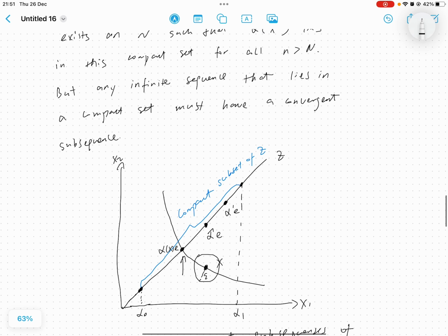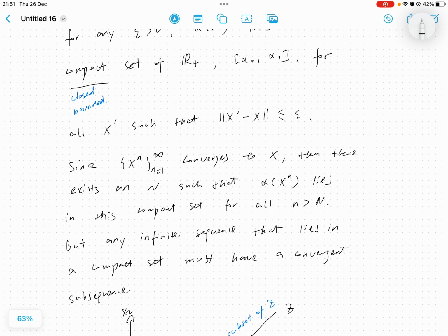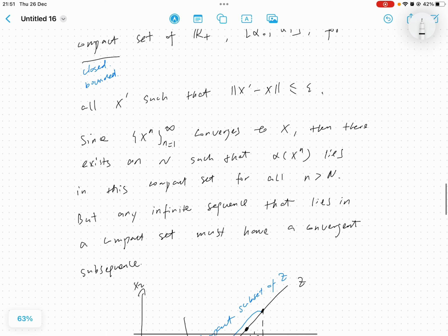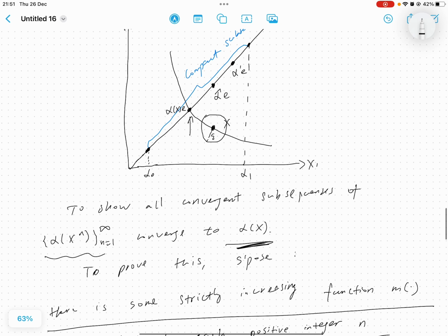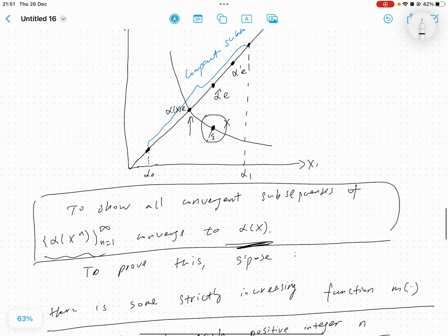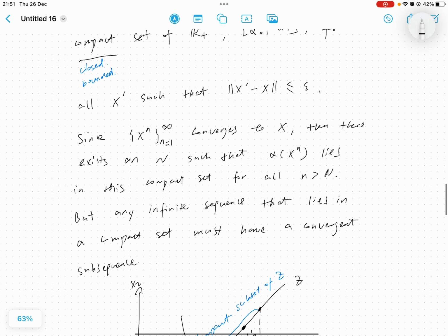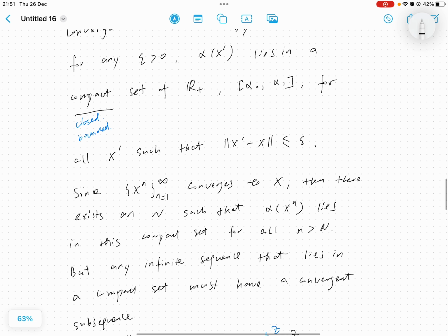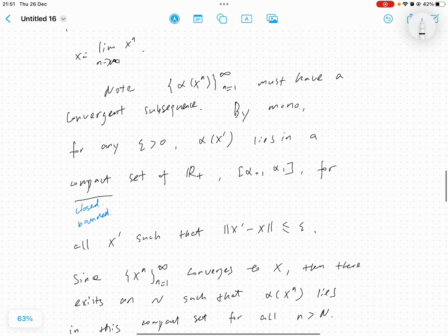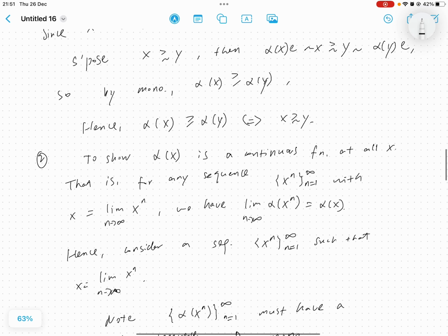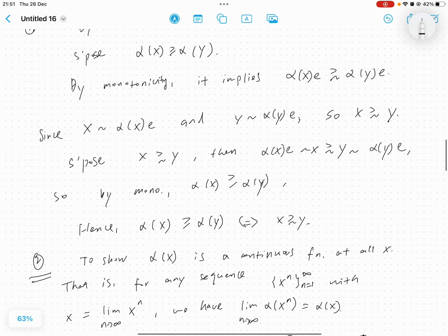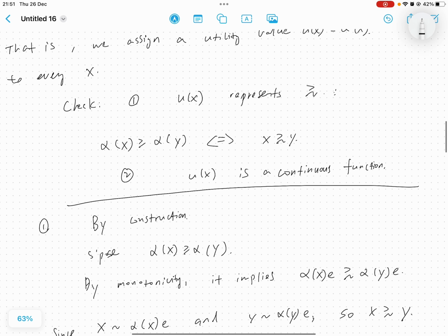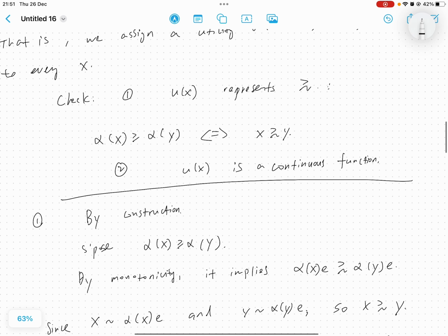Okay, good. So after we show this statement, we know that this completes the second argument, where this utility function is continuous.